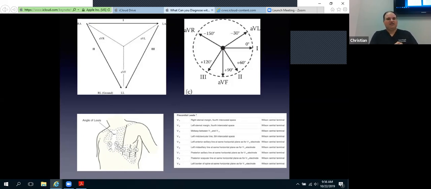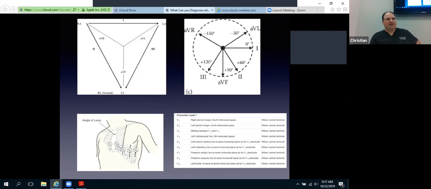Then V5 is placed on the anterior axillary line, which is on the lateral aspect of the nipple. I never thought I'd have to teach that aspect of it, but know where your clavicles are, know where your nipples are, and you can do an EKG perfectly on everybody. Oh, no, shoulders and hips. That's it. Those four pieces of anatomy you need to know. And then V6 is mid-axillary line along V5, along the fifth intercostal space.